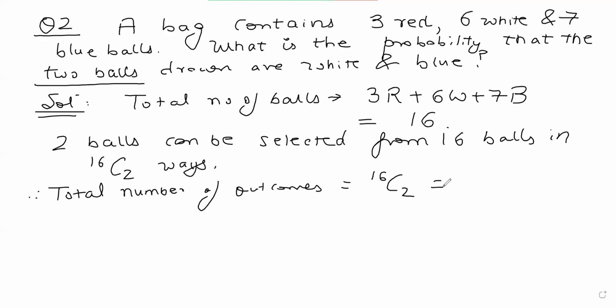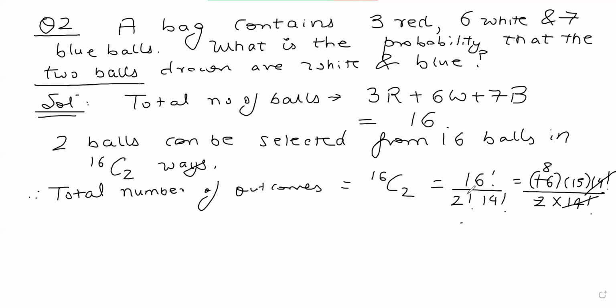Now, we all know from the theoretical lectures on probability how we calculate 16C2: 16 factorial over 2 factorial times 14 factorial. This is 16 times 15 times 14 factorial divided by 2 times 14 factorial. 14 factorial cancels out. 2 times 8 is 16, and 15 into 8 is 120.